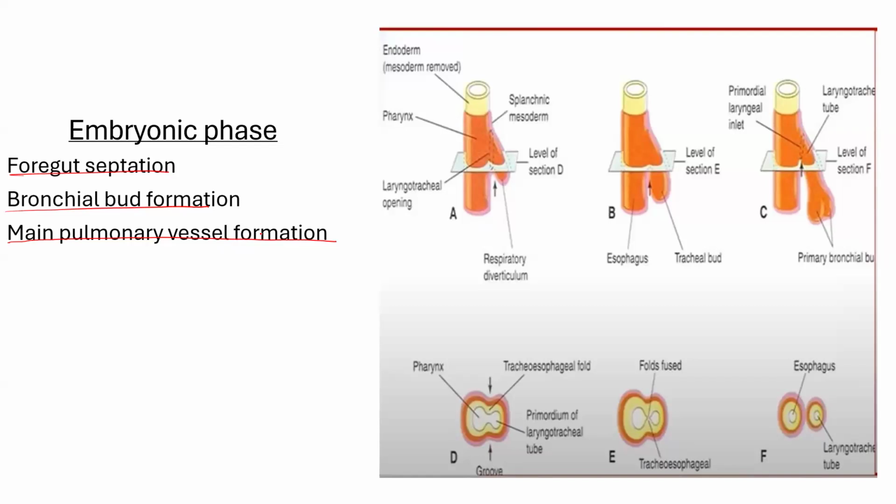So every stage at which these bronchial buds divide, the vessels also divide. What dictates the division of the vasculature is the division of the bronchial tree. So as the bronchial tree divides, if that's the trachea, those are the bronchi. If this is the left principal bronchus, it will divide into a superior lobar bronchus and an inferior lobar bronchus. The pulmonary artery next to it will also divide in the same fashion, okay?